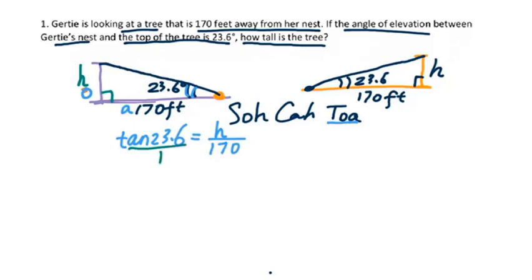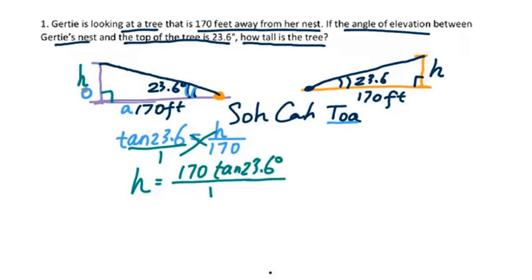Then we cross multiply. H equals 170 times the tangent of 23.6 degrees. We put it into the calculator, you will get 74.3 feet. Remember, when you're working on a word problem, the unit is very important.